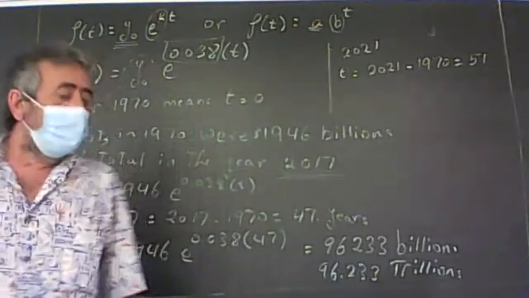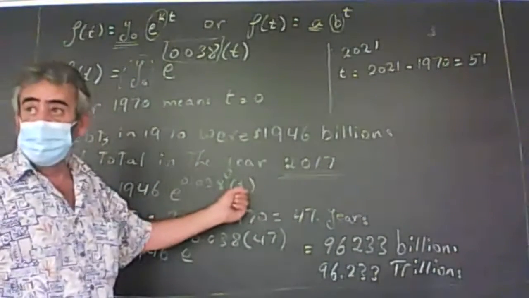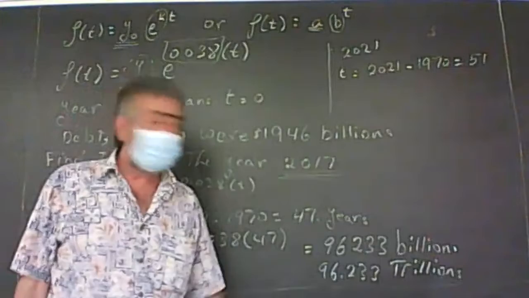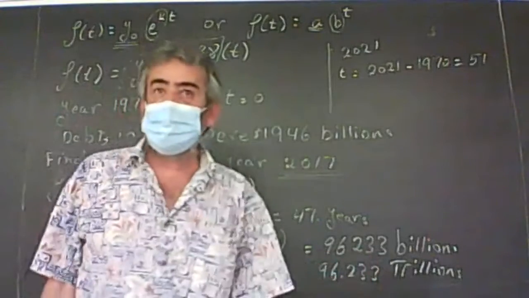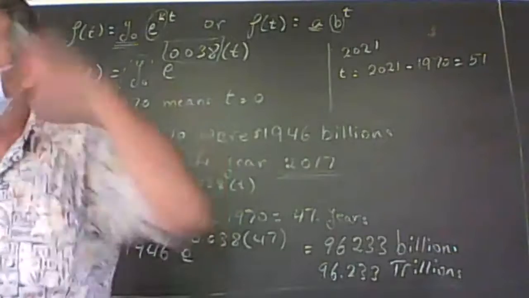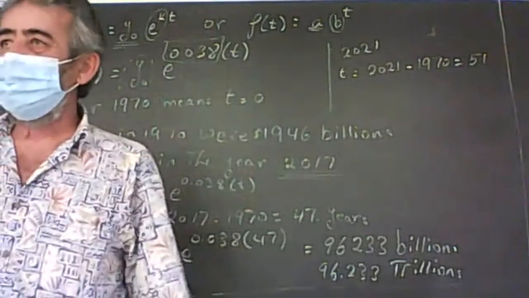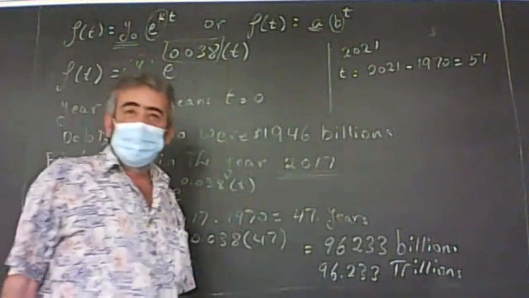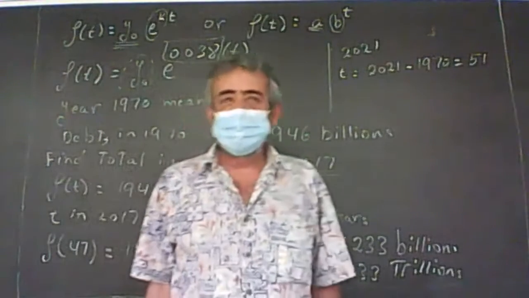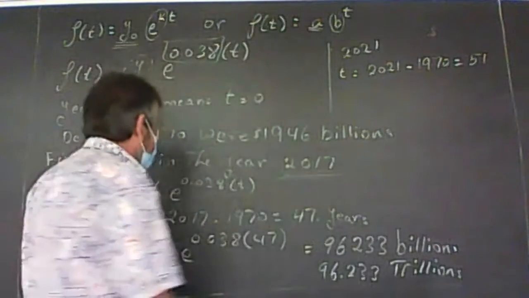Knowing what T is, then I can substitute T into the equation. And what do you think that amount is? Is it going to be more than 96 trillion or less? More. As time goes by, what happens? Clear? Any questions? No. All right. Let's move on to another question.